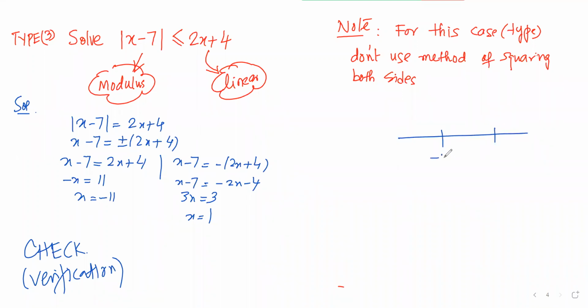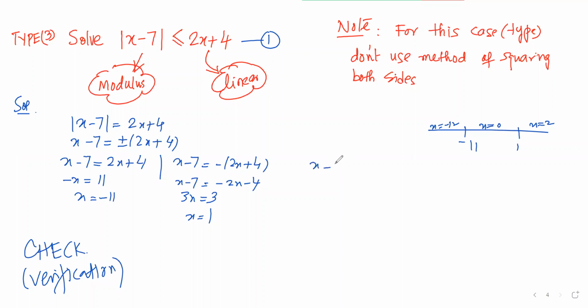Write minus 11 and 1 on the number line, and choose numbers. You can use x equals 0, x equals 2, and x equals minus 12 from the left. Starting with the middle, x equals 0, and we'll verify here in number 1.